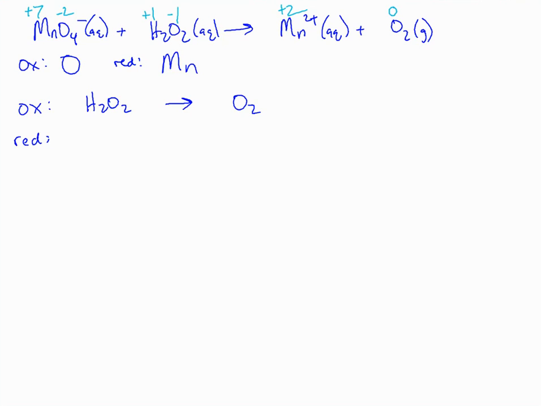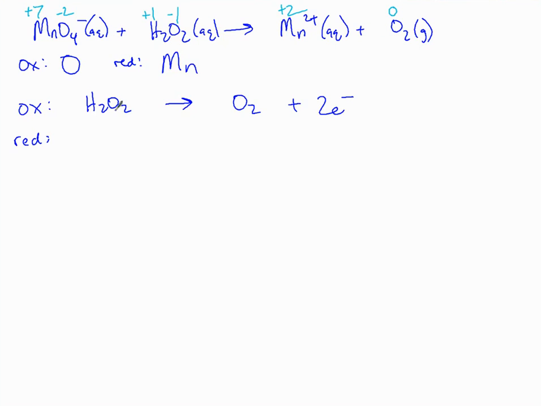So let's see here. We have H2O2 to here, and why this says 2 electrons. We need 2 electrons. So write it down, and then I'm going to explain why we have 2 electrons.